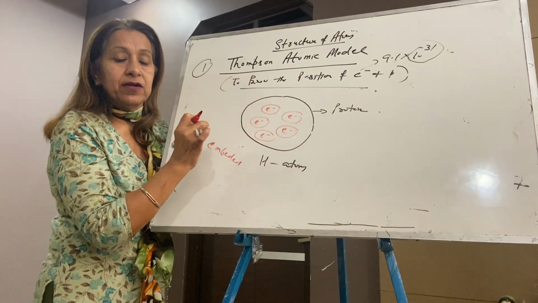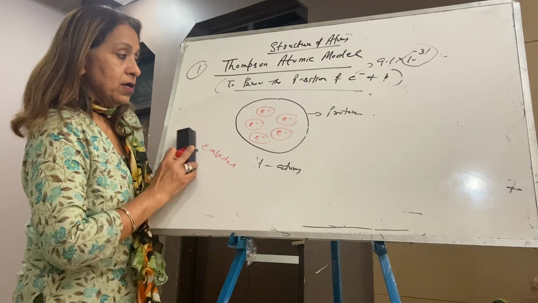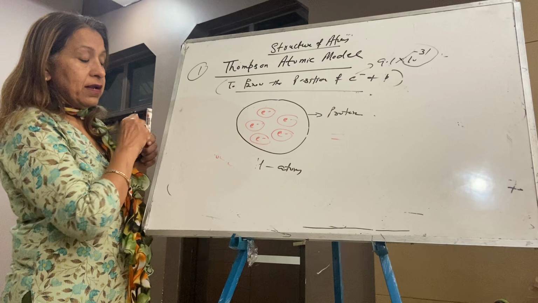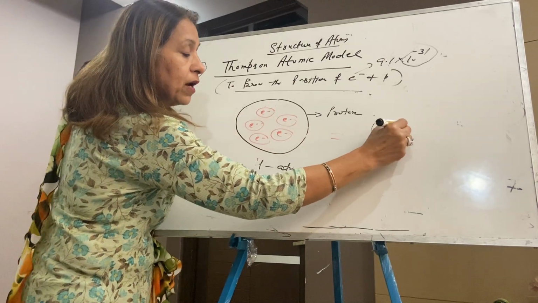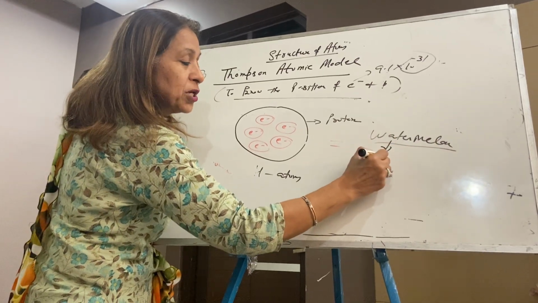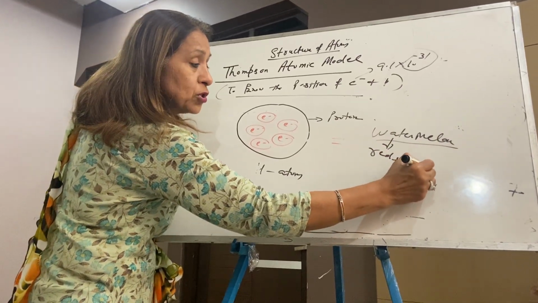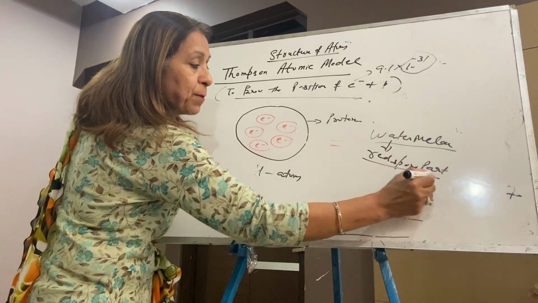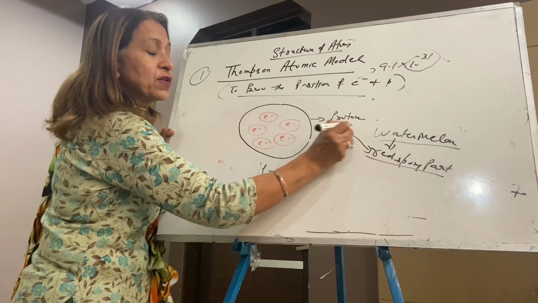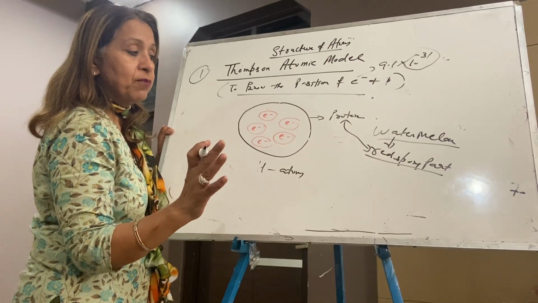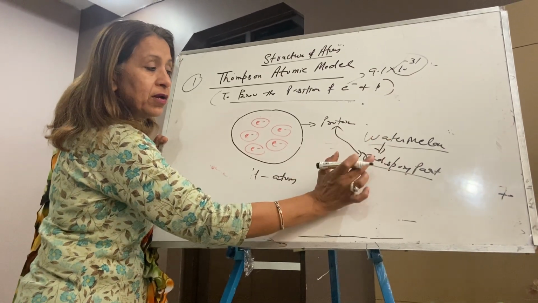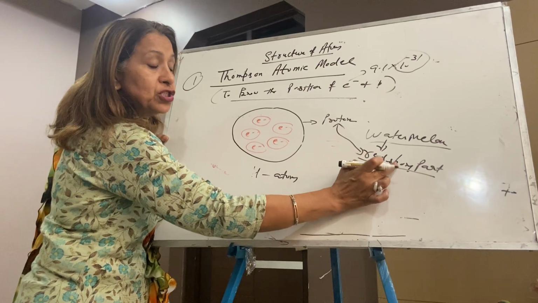Electrons are embedded within the proton like, now please write, like the watermelon. What is in a watermelon? There is a red spongy part. The red spongy part of the watermelon is the proton. The total weight of the watermelon depends upon the red spongy part.